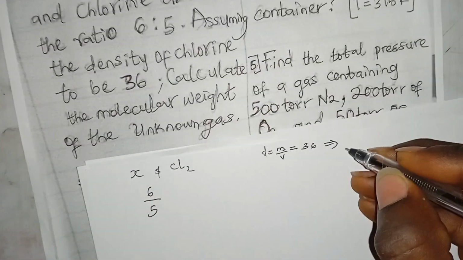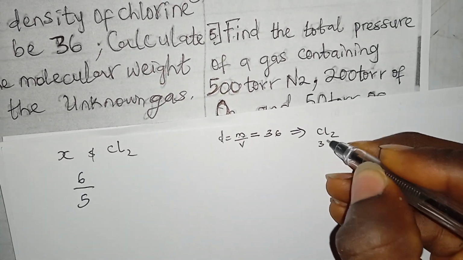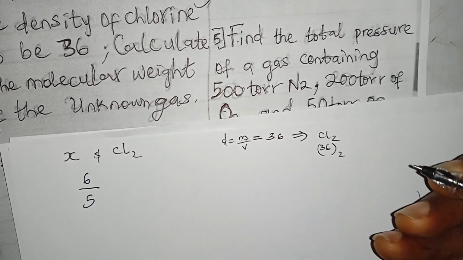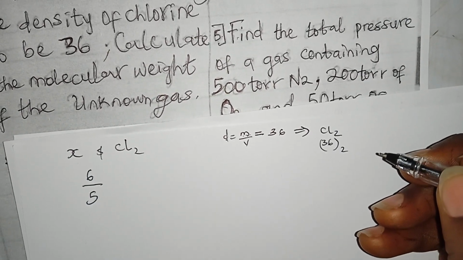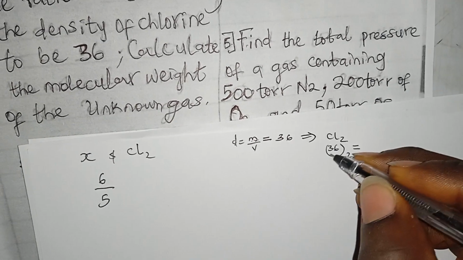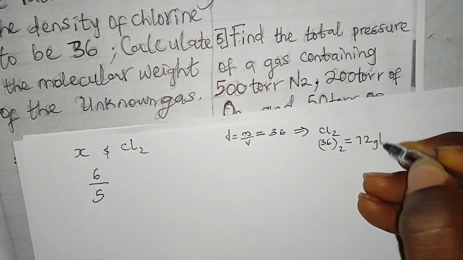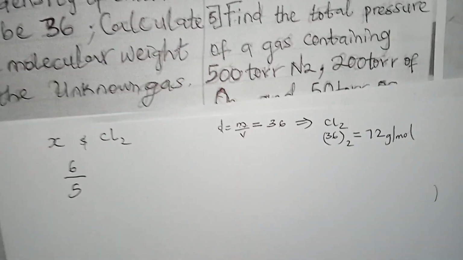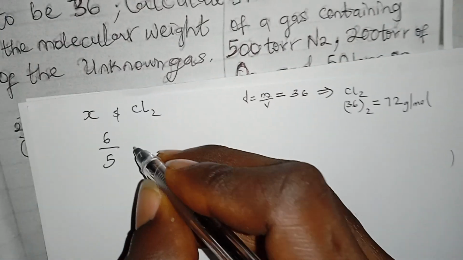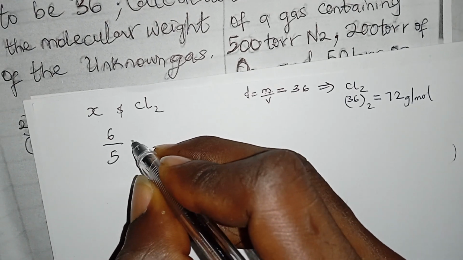We know that chlorine exists as Cl2, it simply means that this is 36 times 2. Understand? If you do 36 times 2, this will now give you 72 gram per mole.